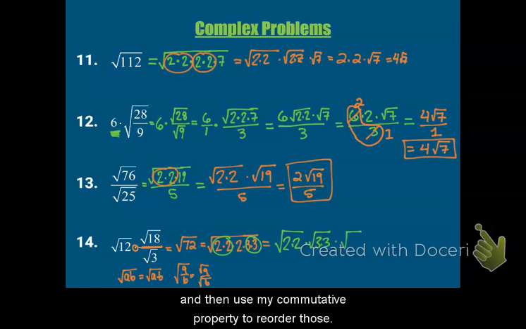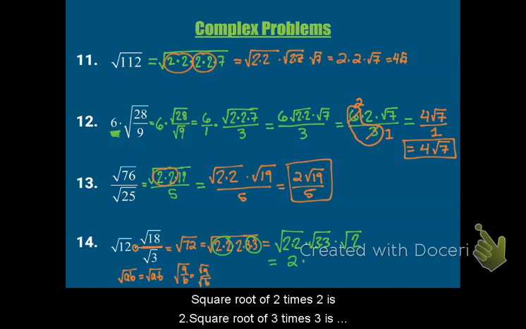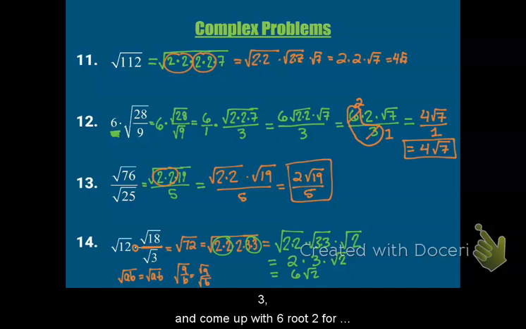And then use my commutative property to reorder those. Square root of 2 times 2 is 2. Square root of 3 times 3 is 3. And come up with 6 root 2 for my final solution here.